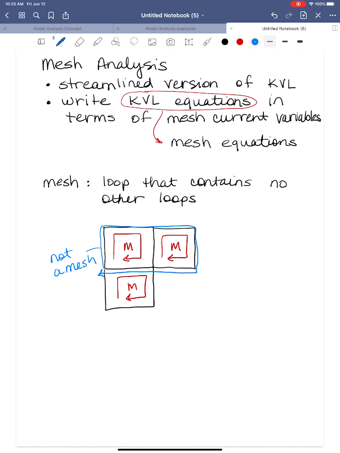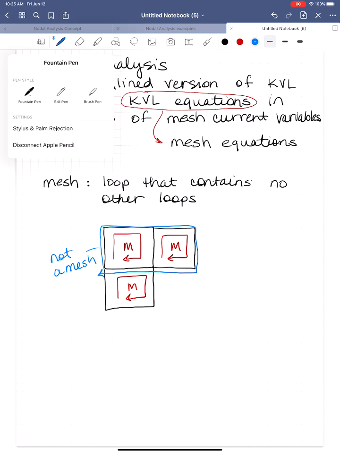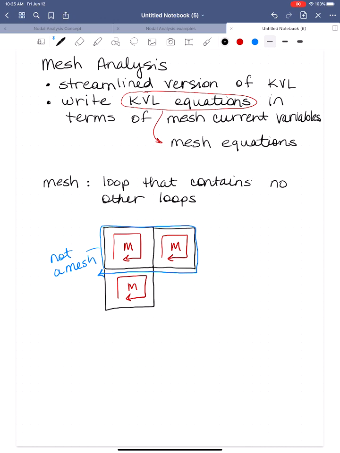Okay, so the other thing that's important is that we have two different types of elements in our circuit structure now. This is just a structural thing. So we have elements that live on the outside of a mesh.